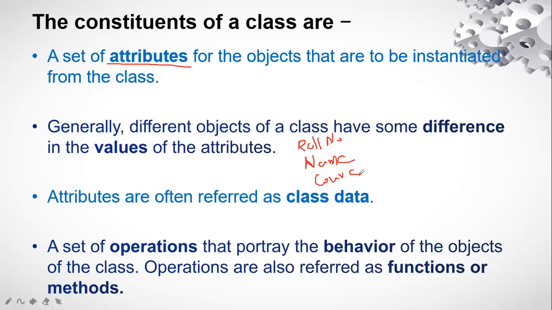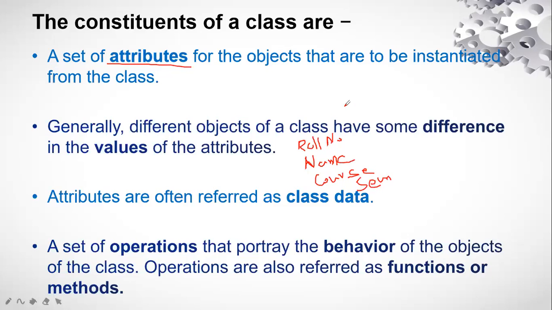We have the semester, or year we can call it. So these are what? These are the properties or the attributes. Now, Abhishek, Aditya, and Neha all have the same properties. Roll number is there, name is there, course is there, semester is there.